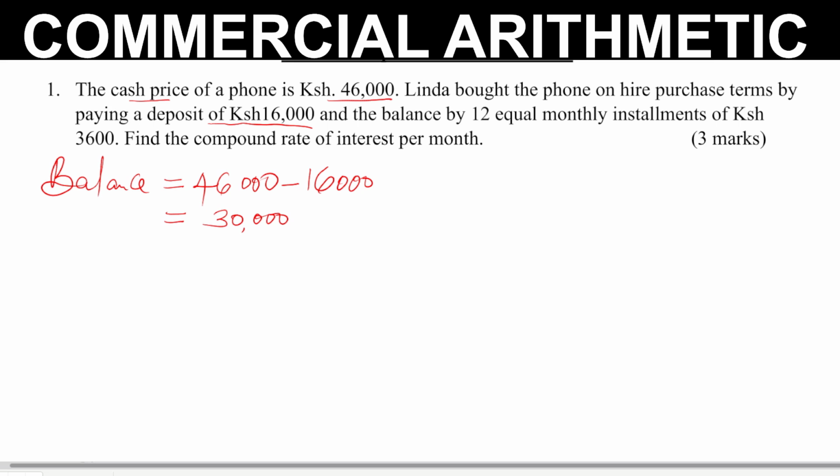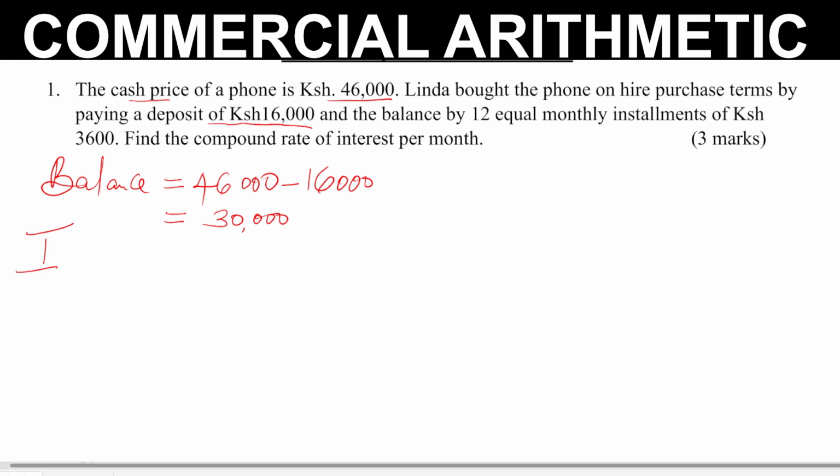Then after that, this balance is paid through 12 equal monthly installments of 3,600 each. So we need to get the total amount of money paid in all those installments.